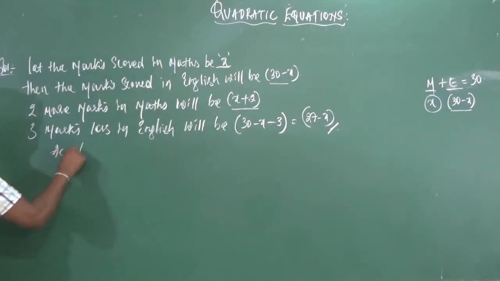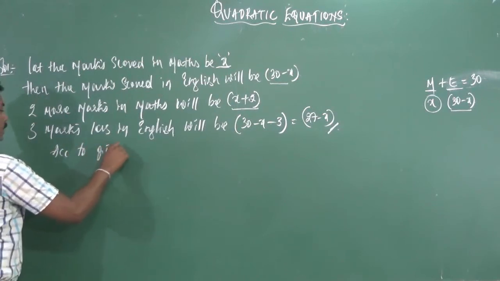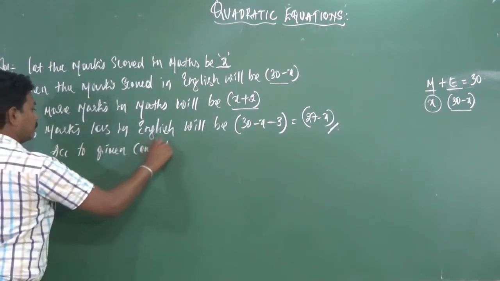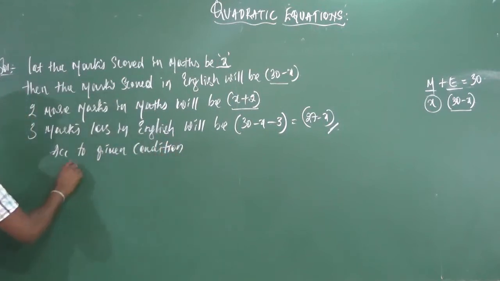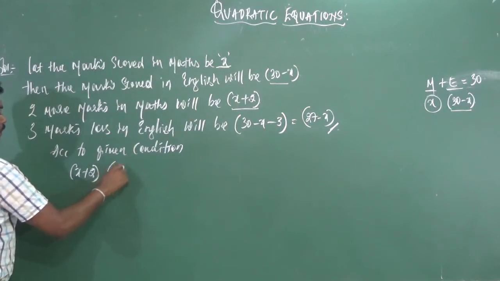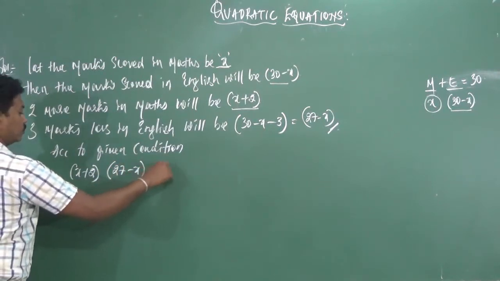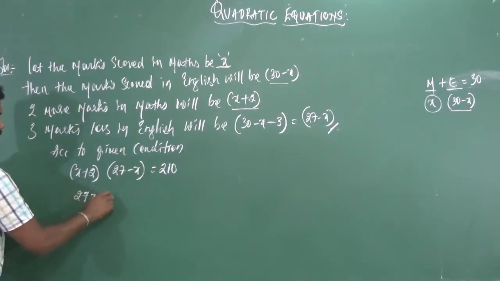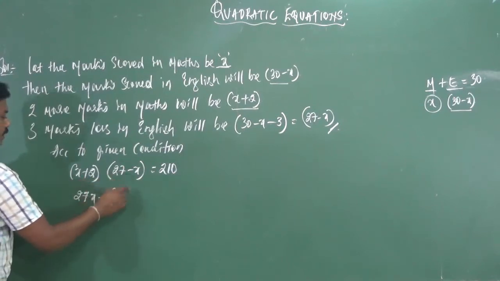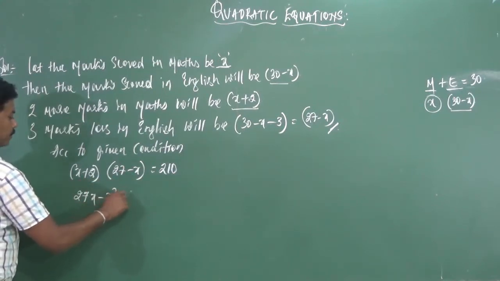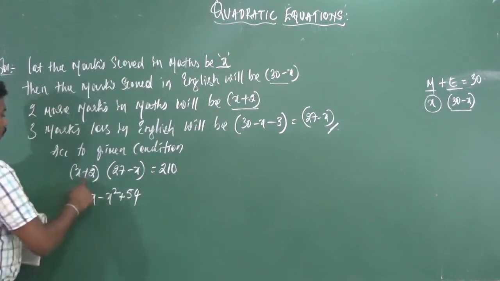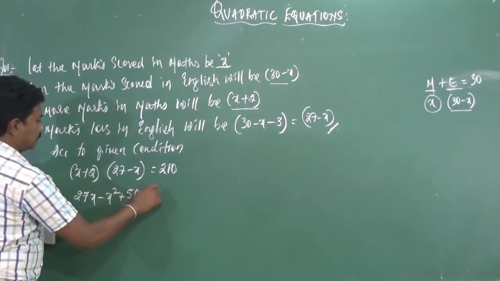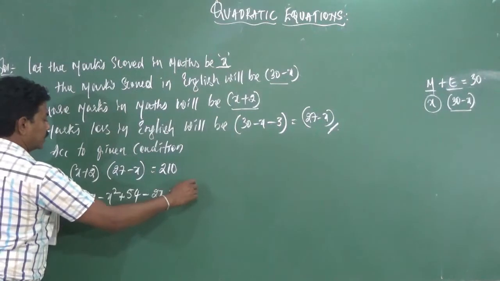So according to the given condition, x plus 2 into 27 minus x is equal to 210. So x into 27 is 27x, x into minus x is minus x square, plus 2 into 27 is plus 54, plus 2 into minus x is minus 2x, is equal to 210.